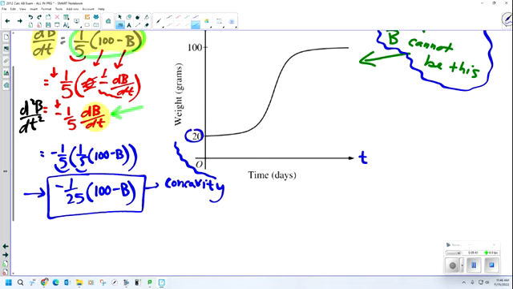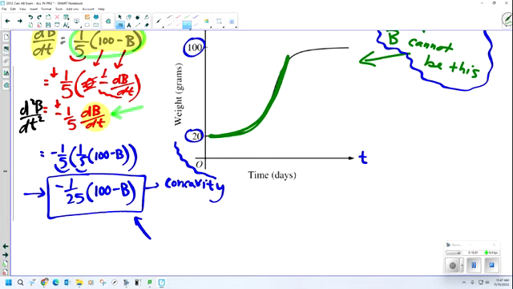See, they give us 20 to 100. Okay, if I put any value between 20 and 100 into my second derivative, look at this, a positive concavity, right? That's a smiley face. I should have a positive second derivative there.